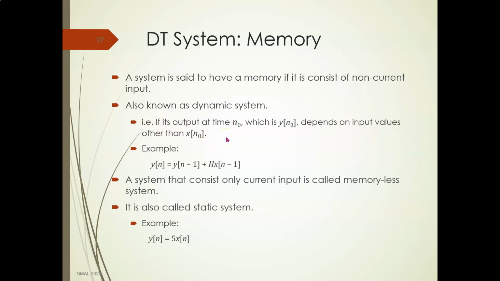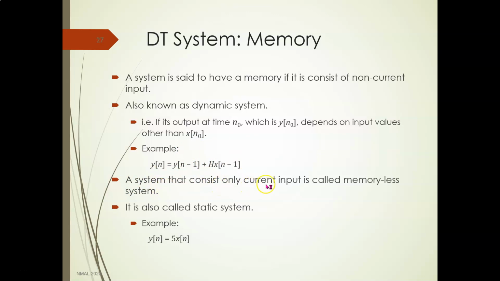If we look at the equation here, y[n] is equal to y[n-1] plus h x[n-1], so this depends on values other than x[n0]. So it means this is a dynamic system, because it depends on the past values.